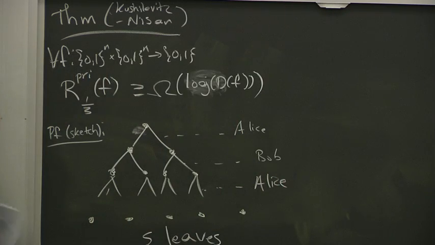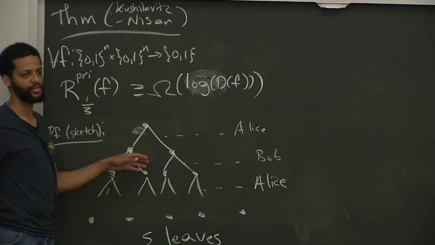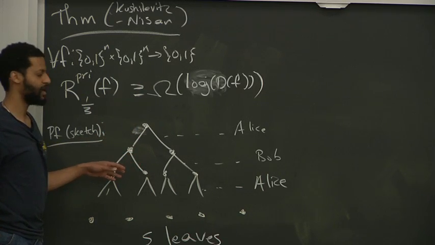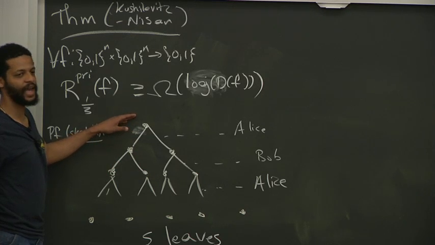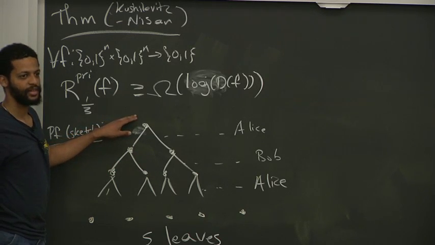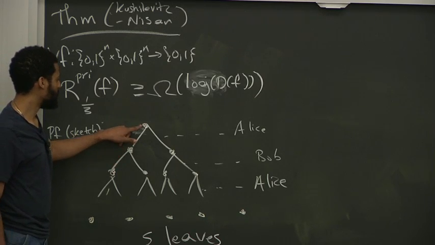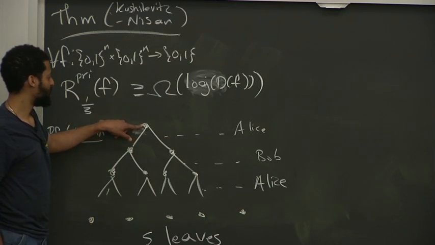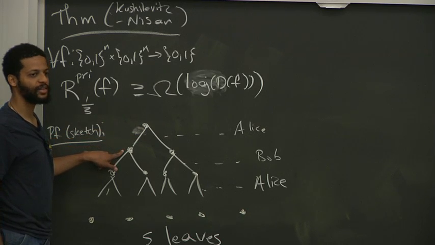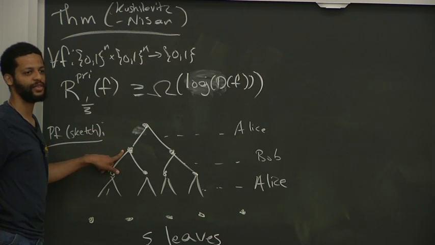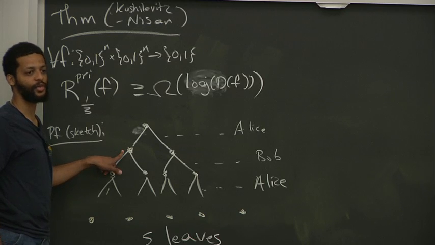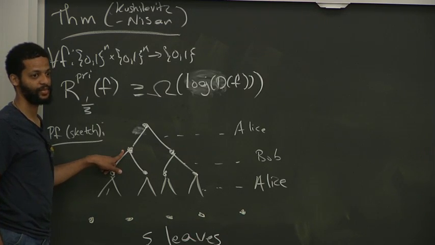The essential idea is Alice has her private input X, Bob has his private input Y. Okay? Now let's say Alice is the one to speak first. So she has some private coins that Bob doesn't know about, right? Based on what her X is, she's either going to go to this node. There's kind of like a decision tree of how the communication between them is going to look.